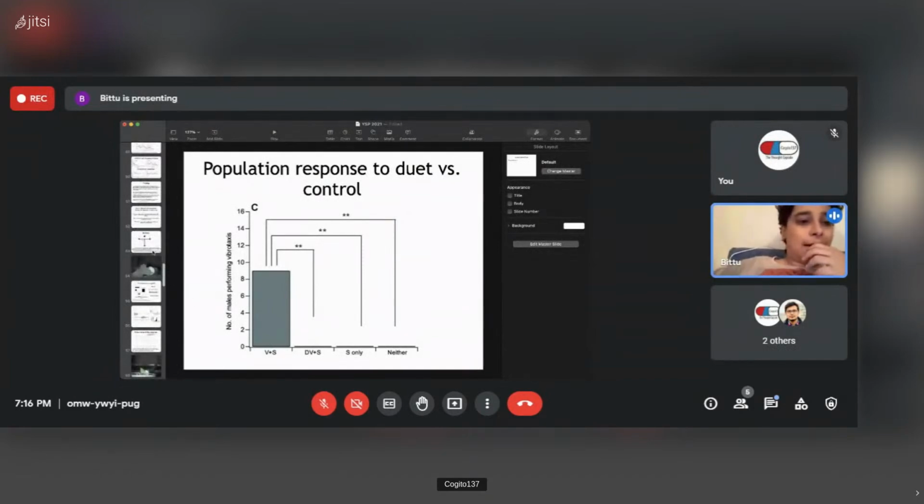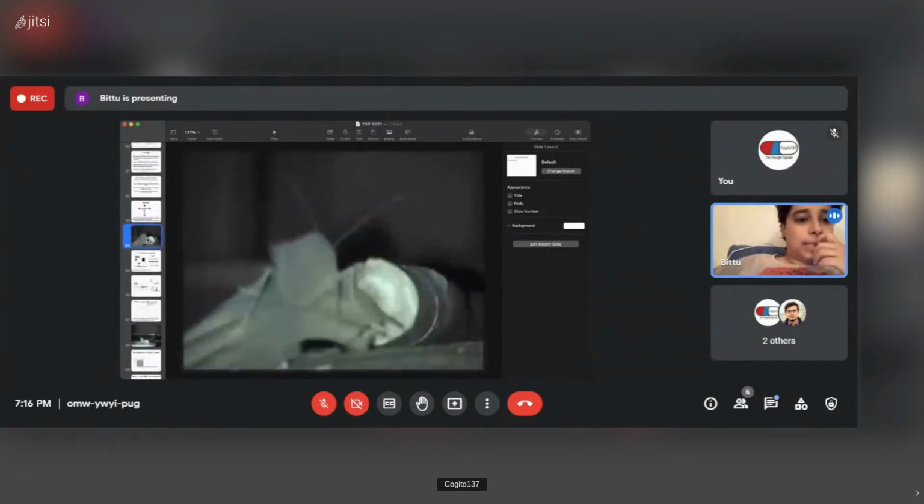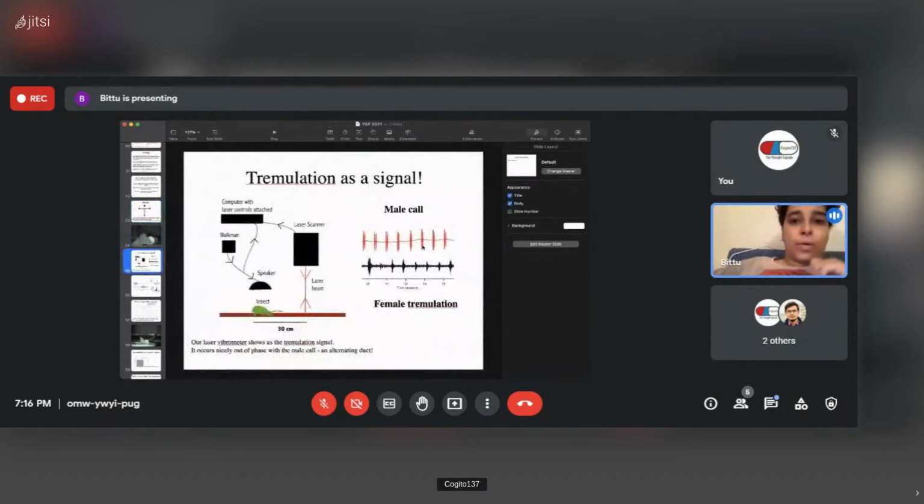Okay, so I'll just show you the animal and the slides very quickly. These are alternations of the male's acoustic call and the female's vibratory response. Since they can do this for a while, this is a multimodal duet, quite unusual in the animal world.